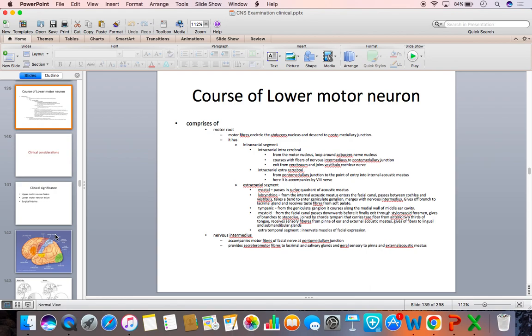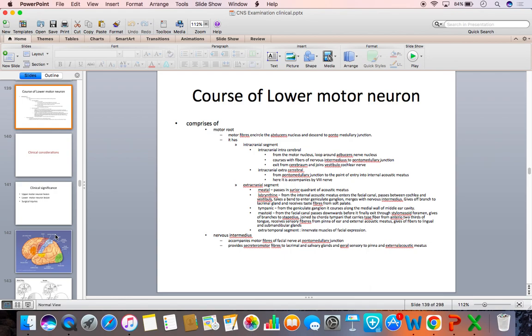So the facial nerve can be affected in this part of its course due to occlusion of its blood supply, or due to neoplasms, or due to inflammations, or any other causes, such as various tumors, ischemia, infections, etc.